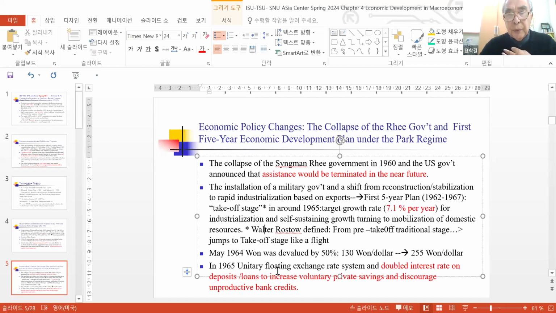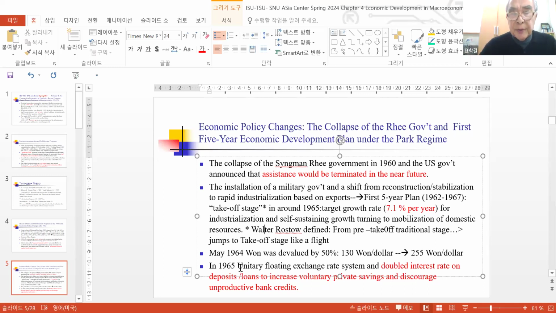Before 1965, there was a fixed official exchange rate system. So if $1 is 131, until next time, 131 is a fixed rate.